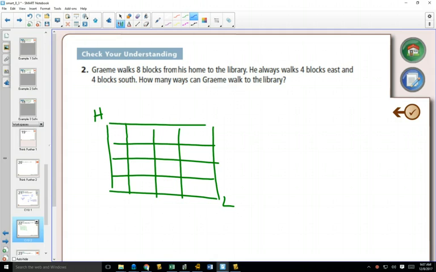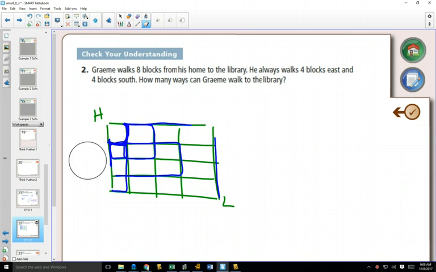When you're walking from one place to another, he's not going to go, oh, oops, oh, shoot, oh there's my house again, oh there's the library. We're going to assume that Graham can always get closer as he goes because he's always walking 8 blocks. Otherwise, if you circle around, you're going to be walking more than 8 blocks and he's going to get confused.